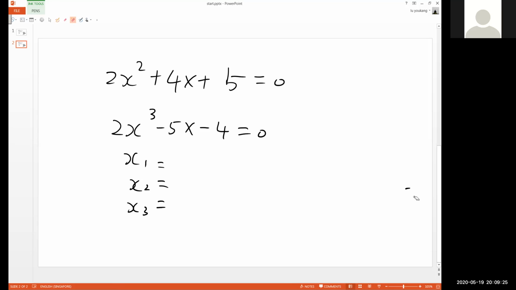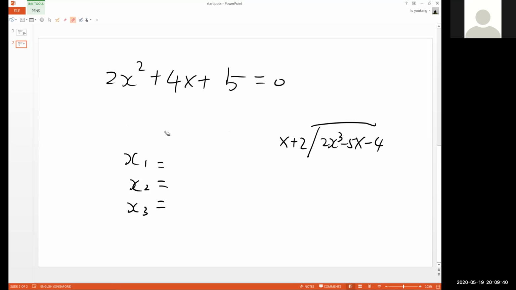So basically, we talked about long division last time. So let's say you get a remainder. Not only you get a remainder, so you put in x plus 2, which is a factor, right? Wait, when it's a factor, you shouldn't get any remainder. Okay, so this is called the divisor. So you should get a quotient, right?